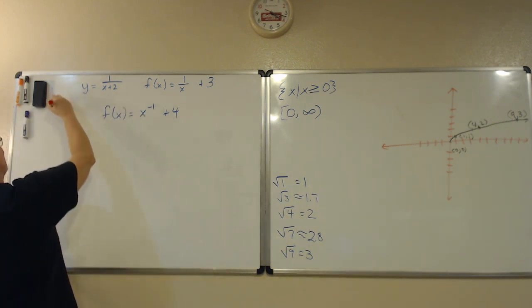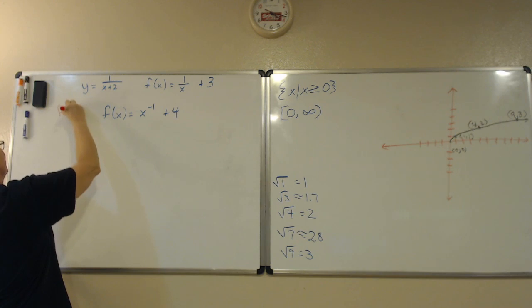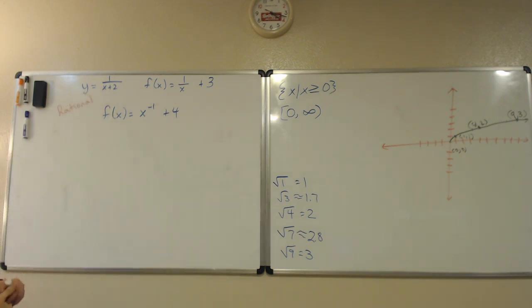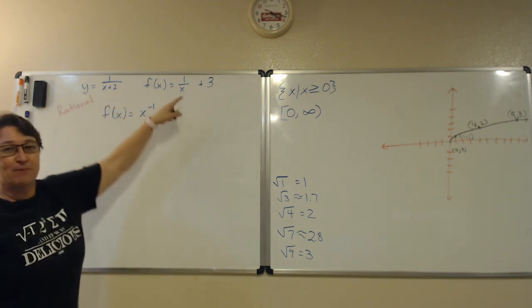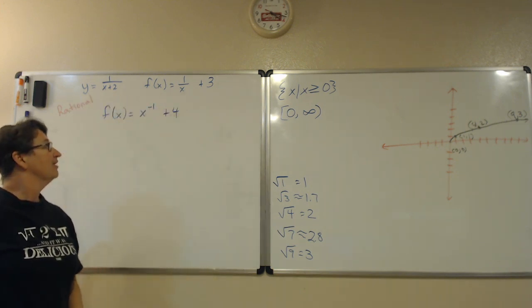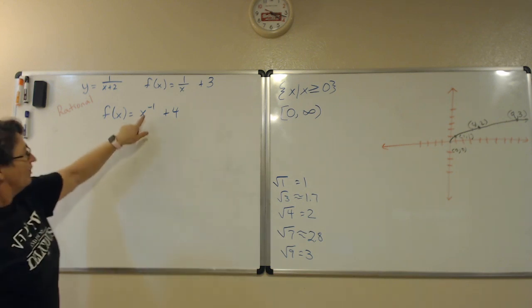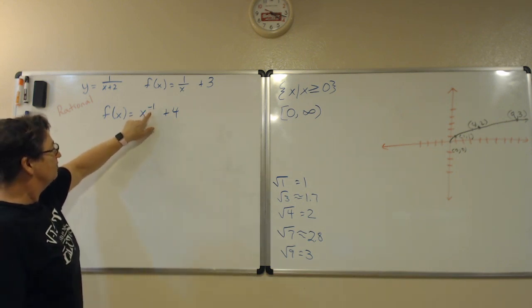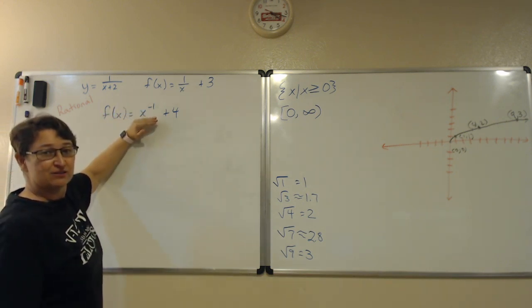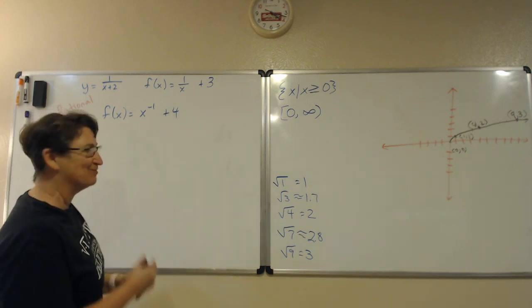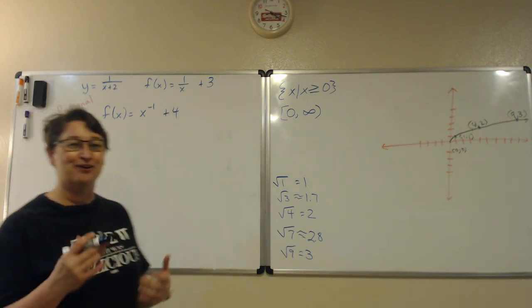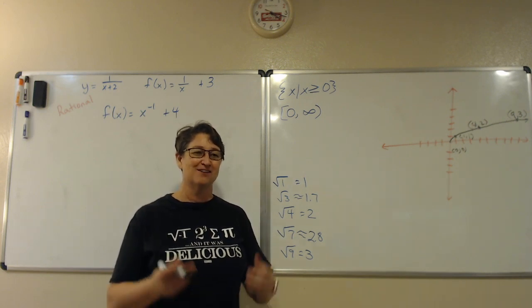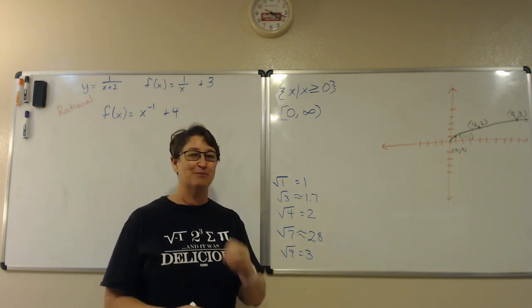This is a rational function, because my x's are in the denominator down there. And in fact, remember that x to the negative 1 means 1 over x? Way to go, September, you're right. So our domain is restricted because the bottom cannot be 0.